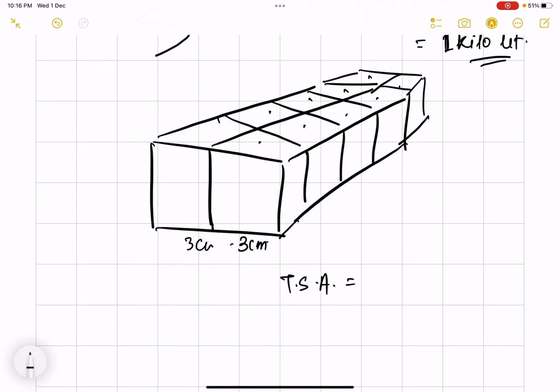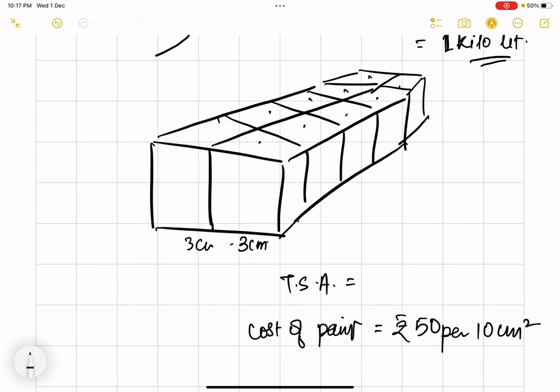And also, if it has to be painted with a paint that costs rupees 5 per centimeter square, you will find out the area and multiply it by 5. But if they tell you that the cost of the paint is rupees 50 per 10 centimeter square, if you look carefully, for 10 centimeter square you are giving 50, which means for 1 centimeter square you will be giving 5 rupees only.